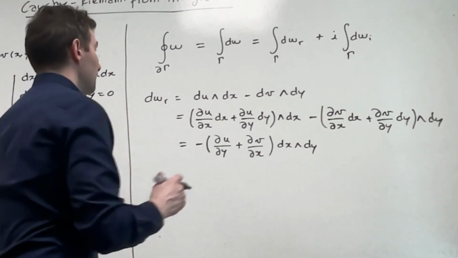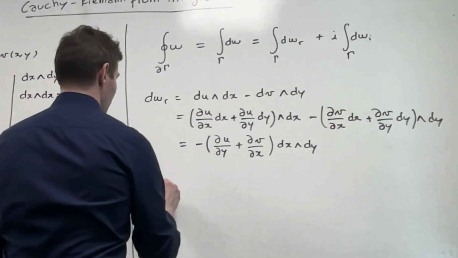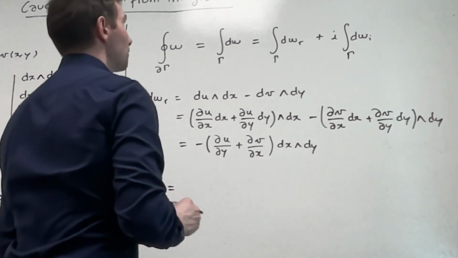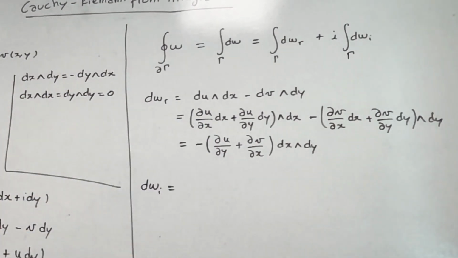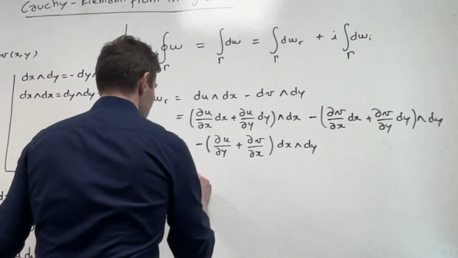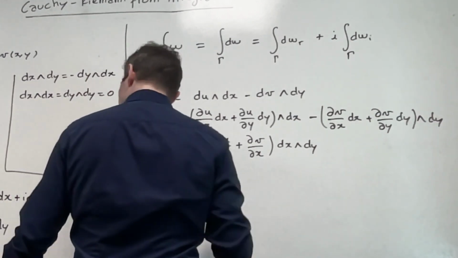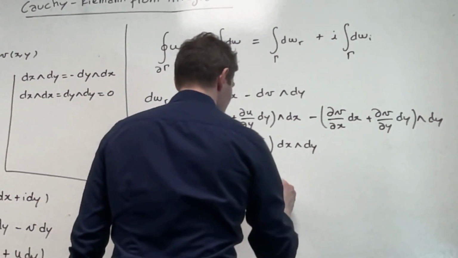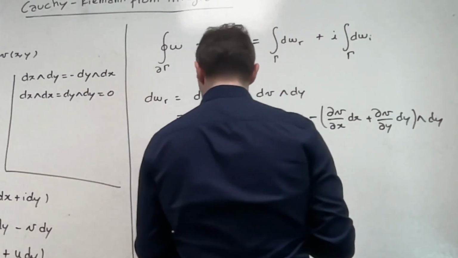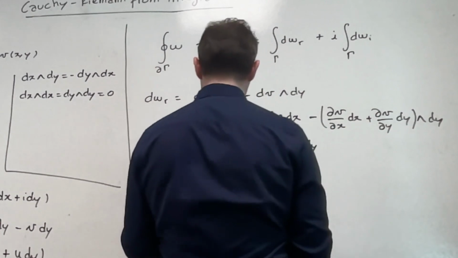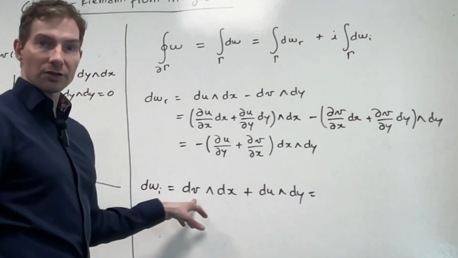Okay, and then we can do the same for d omega I. And so d omega I is going to be, so I just need to start from there. So that's going to be dv wedge dx, and then plus du wedge dy. And so let's try to do that on one line. So the dx part is not going to matter.